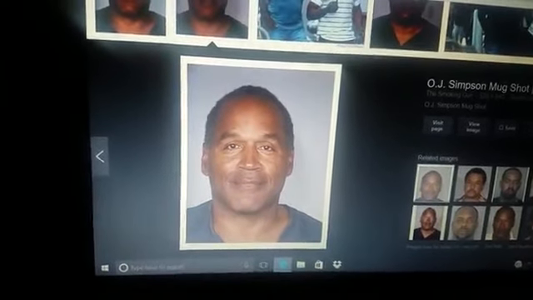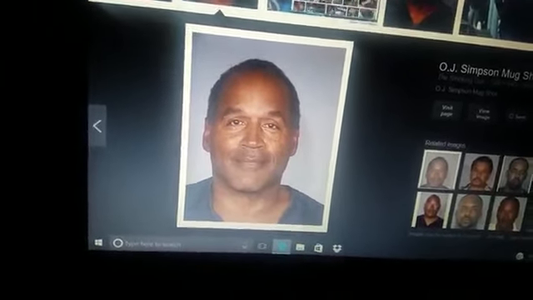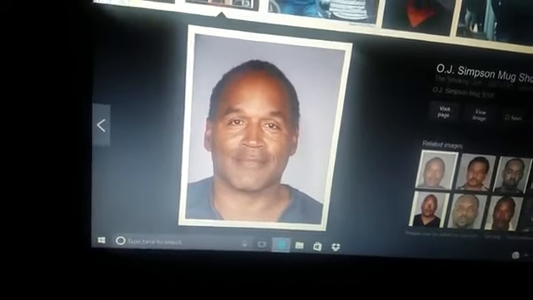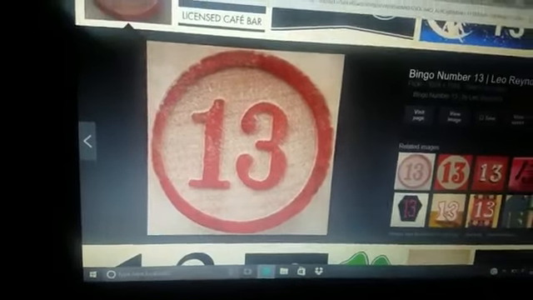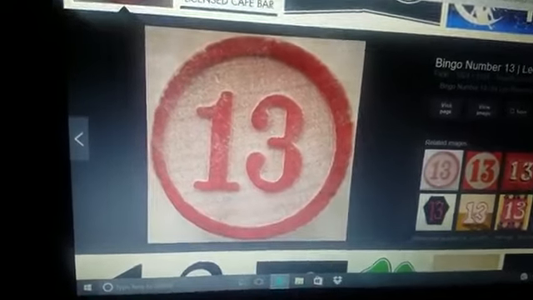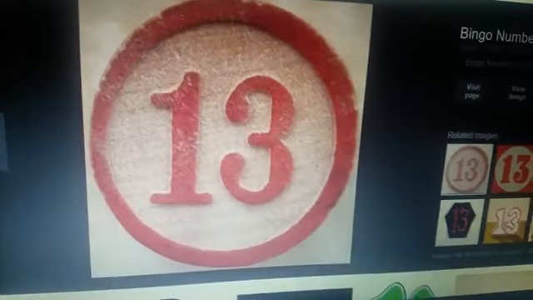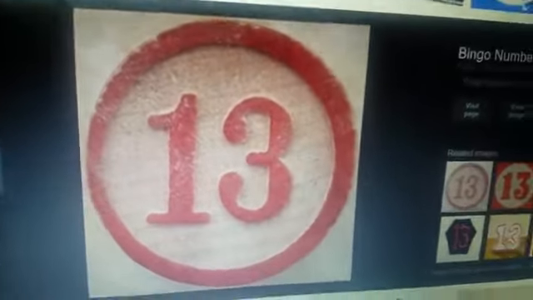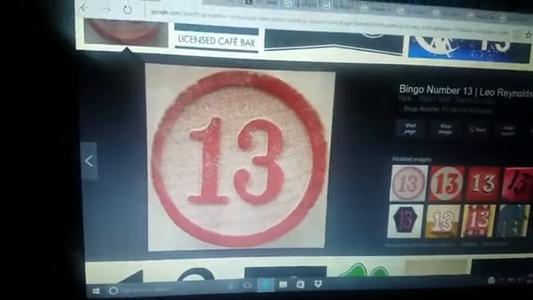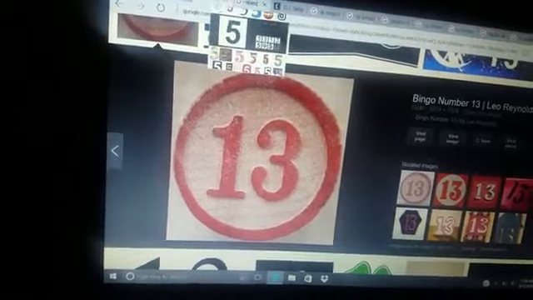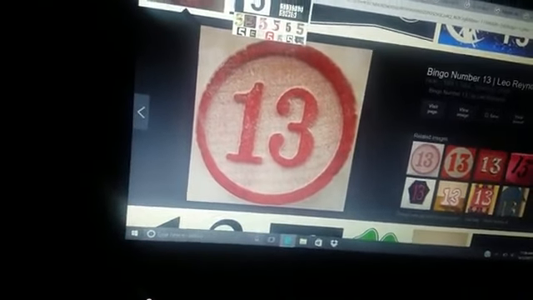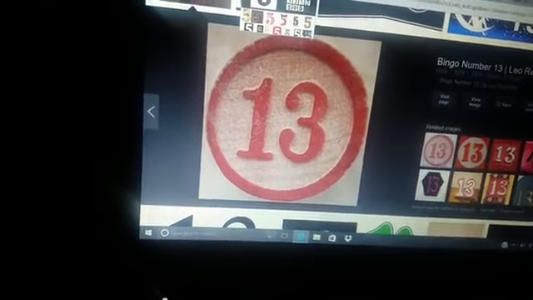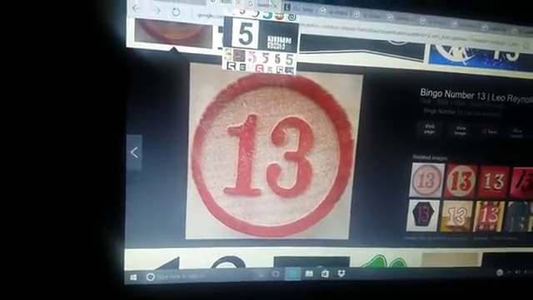But this is the nail in the coffin. He gets out. O.J. Simpson gets out on October 3rd, 2017. October 3rd, which is 10-3. 103, which is 13 again. Okay? And I will tell you, okay, this is all programmed, all encoded.